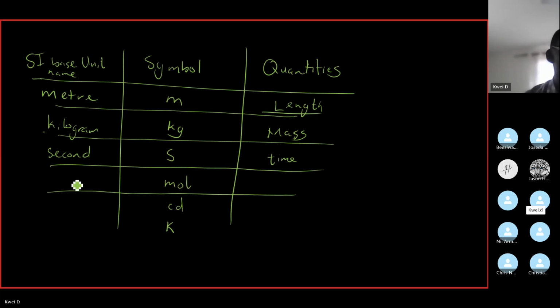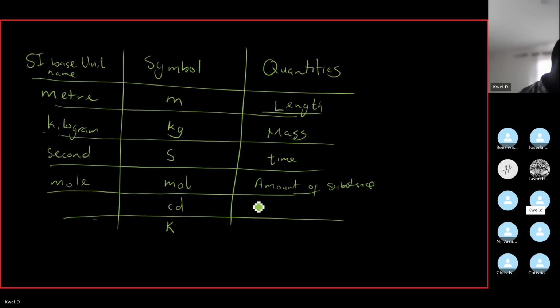Sorry, mol. What's the SI unit name? Mole. And what does it measure? Amount of substance. And then we have the cd. What does the cd stand for? Candela. What does it measure? Luminous intensity.